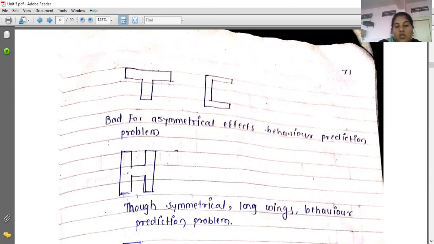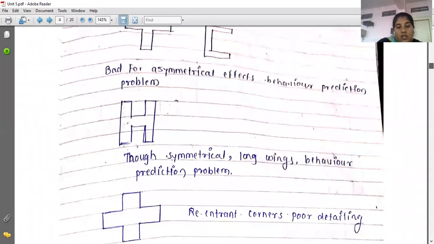After that, there are H type structures. You can see the symmetrical long wings here, but there is a behavior prediction problem. Such buildings are also not recommended when earthquake loads are there.